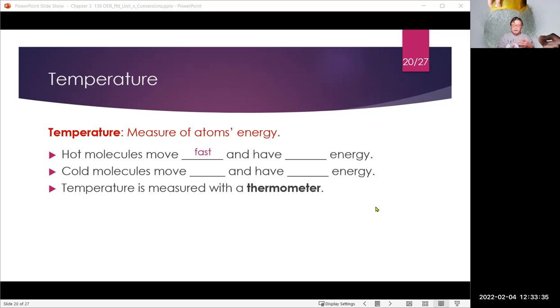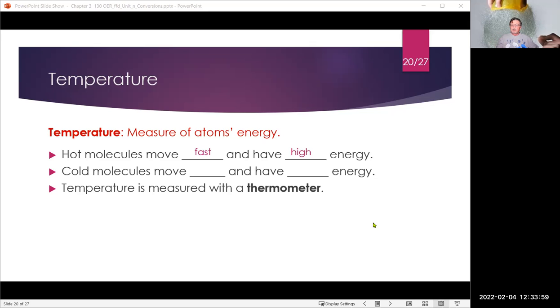The water molecules start to move around, and you've got bubbling action going on. And if you have enough energy into the system, you're going to boil that water and change its physical state from the liquid to the vapor phase, right? It's all about energy. So hot molecules obviously move fast because they have high energy.